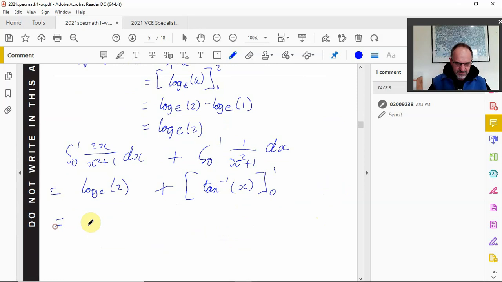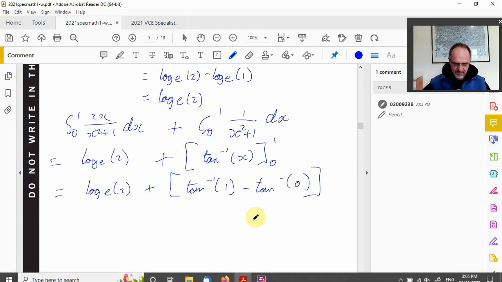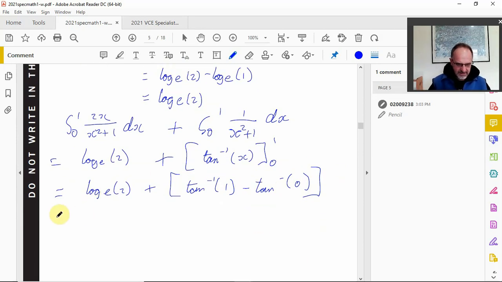All right, so this first one, log to the base e of 2, plus, okay, so what have we got? We've got tan minus 1 of 1 minus tan minus 1 of 0. The log to the base e of 2 is still there.